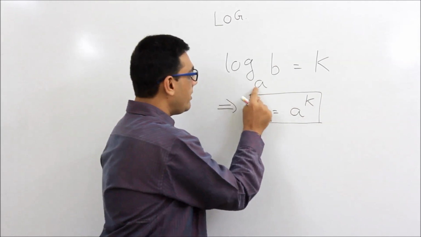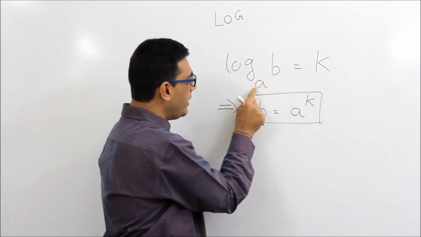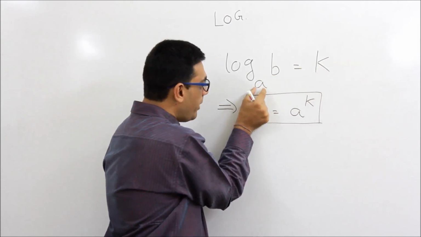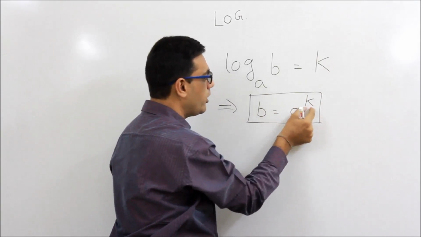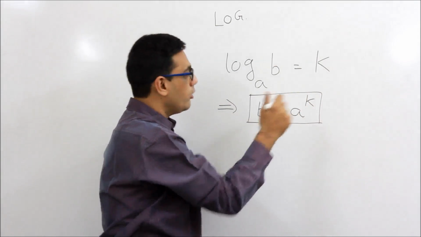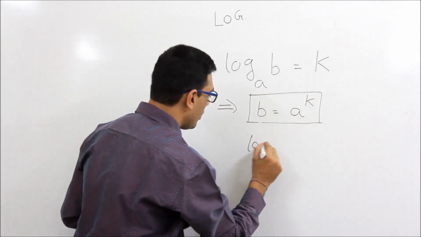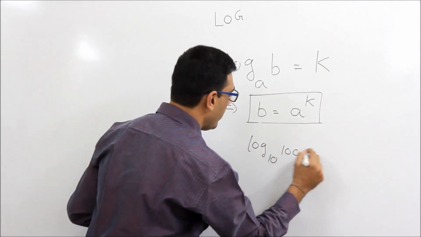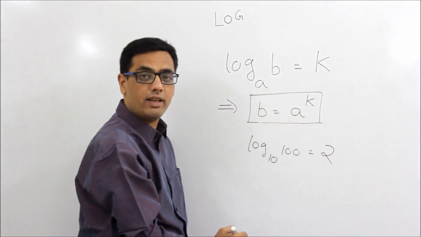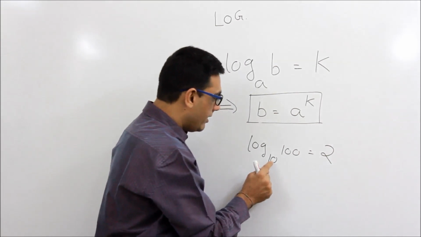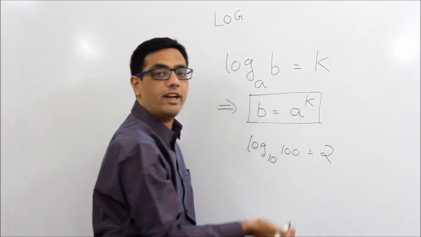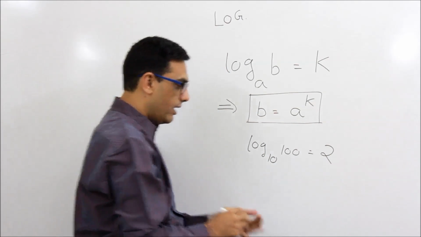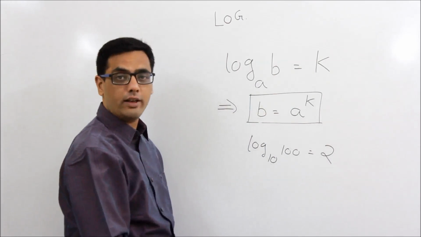This base will go to the right side and be raised to K, and it will become B. Example, log to the base 10 of 100 is equal to 2. The moment I write like this, I am basically saying 10 raised to 2, which is 10 square, which is 100.